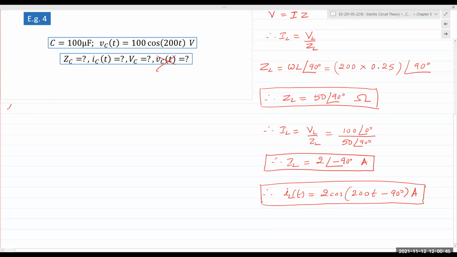Example 4 for the capacitor is exactly the same. Vm is 100 volts. Omega is 200 radians per second. Theta is 0 degrees. Therefore, phasor VC is 100 with a phase angle of 0 degrees volts.